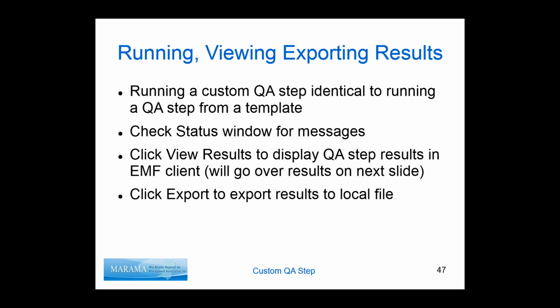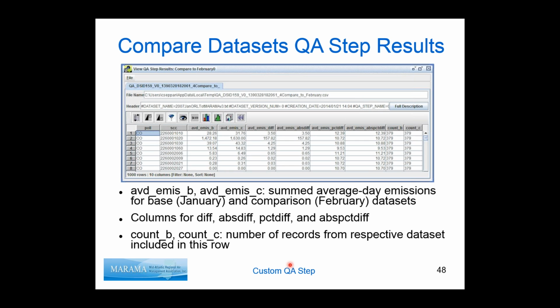So I do want to quickly show you the results of the compare data sets. So this is the results of comparing January to February. So we were summing up our average day emissions by pollutant and SCC. So each record is for a particular pollutant and SCC. Then what it shows us is the summed average day emissions for the base data set, that's what the B is, versus the comparison data set, that's what C is.